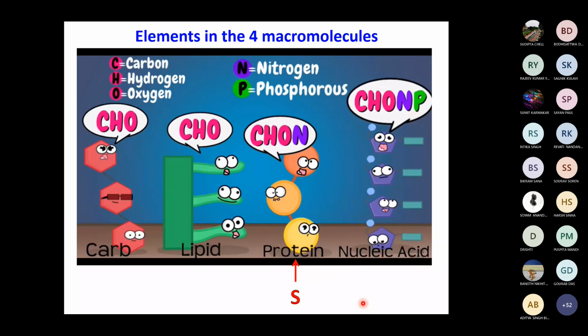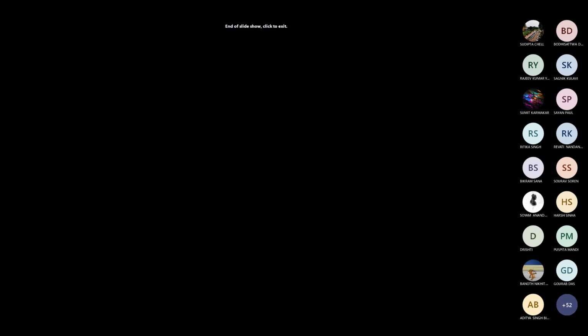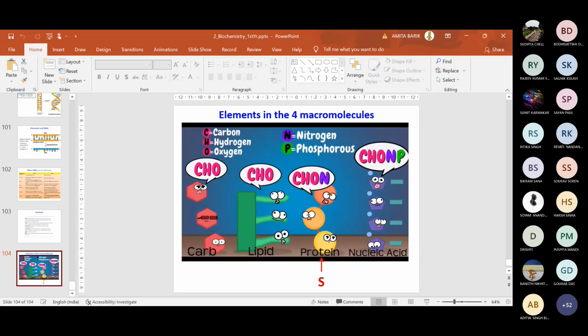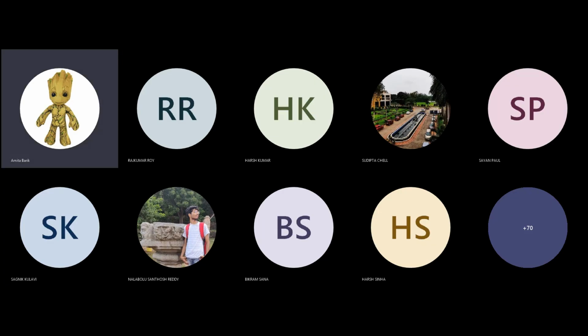Clear, class? That's it. We are done with the biochemistry module today. If you have any doubts, please let me know. I think biochemistry was not very difficult for you because it is more chemistry than bio.